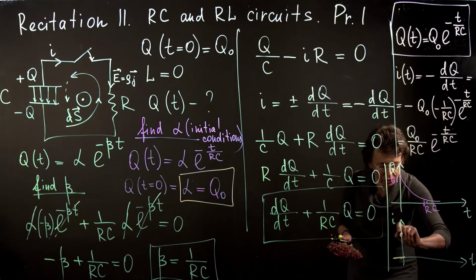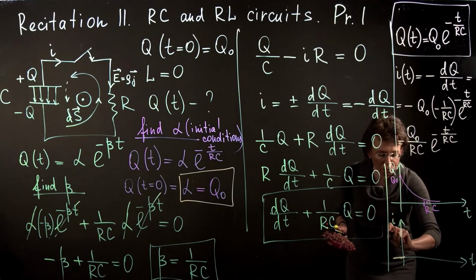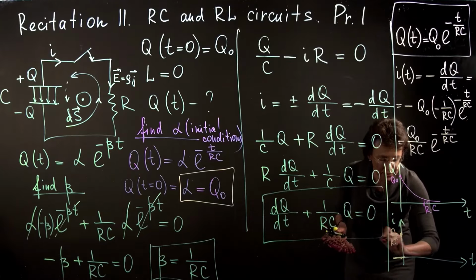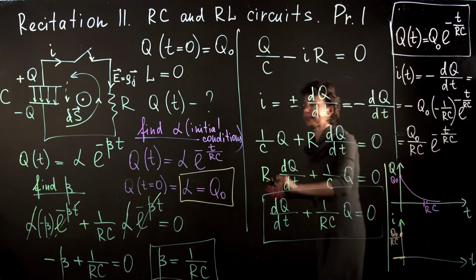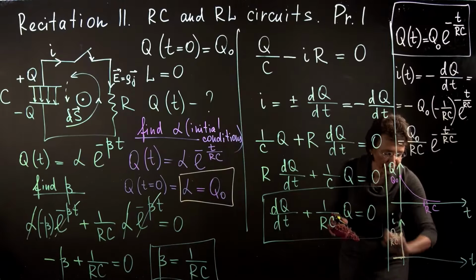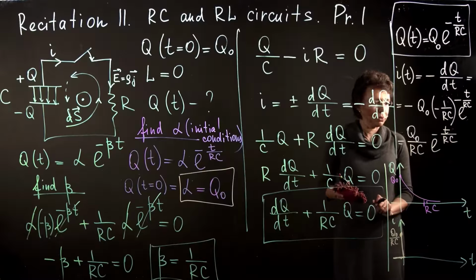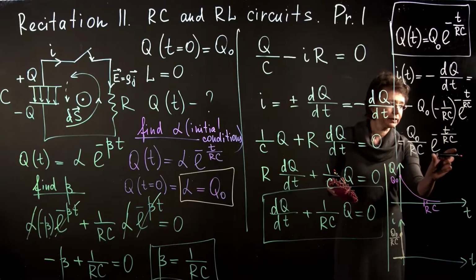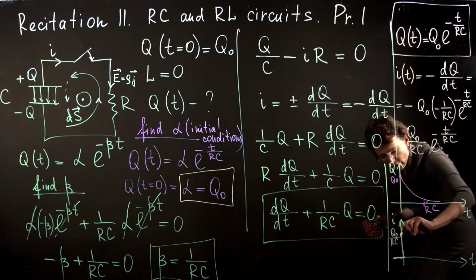At time moment 0, all of a sudden, current jumps to q naught over RC. Why does this happen? Because we neglected self-inductance. That's why we have this sharp jump of current. And then, again, I have exponential decay.